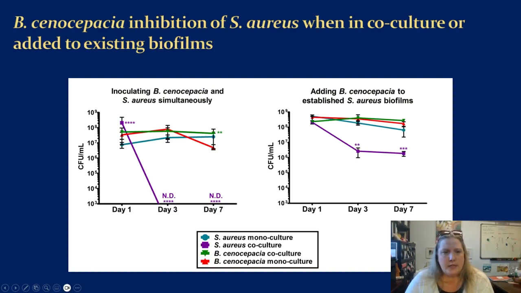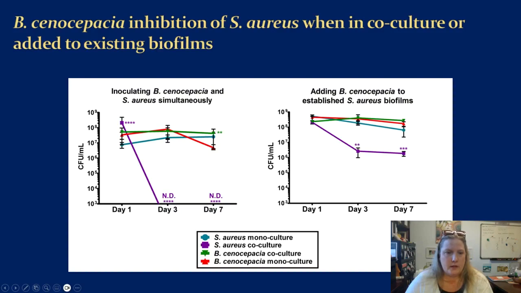So if you try and co-inoculate these organisms, which is what we did in the previous one, and this time we're putting in an equal number of cells, we can see that Burkholderia, when it is a monoculture, shown here in red on the left-hand panel, grows to very robust levels or concentrations by 1, 3, or 7 days of biofilm formation.